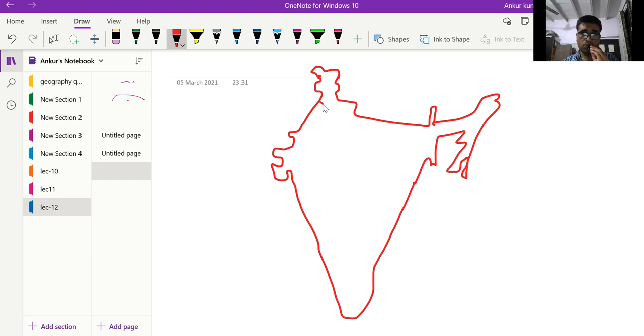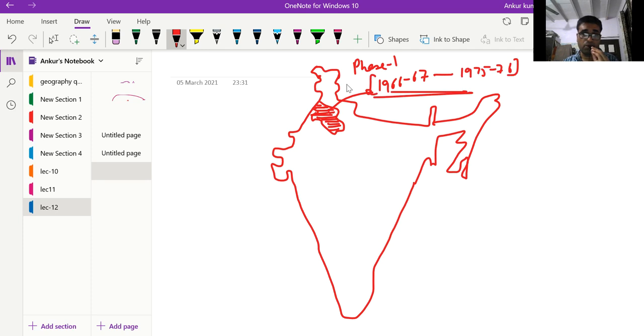So this was the Punjab Haryana region which was selected as the core region for the green revolution. The program here started in 1966-67, and this was the phase 1 of the program, which stretched up to 1975-76.